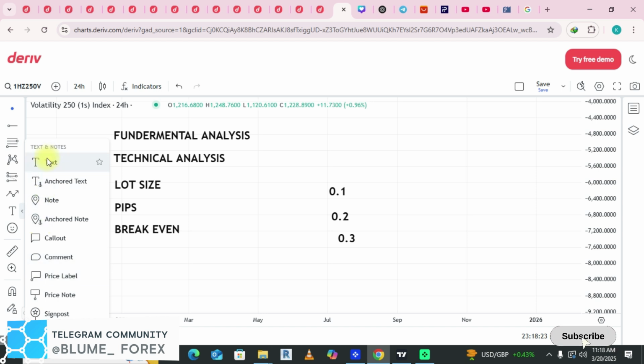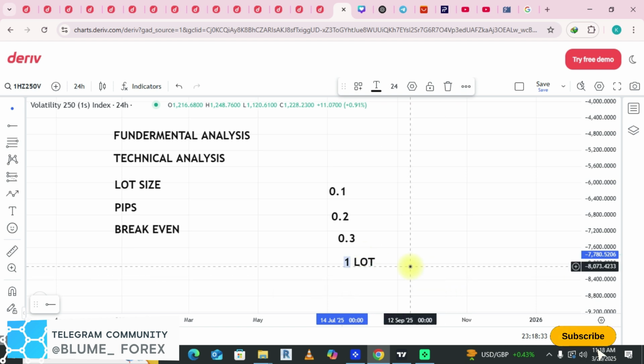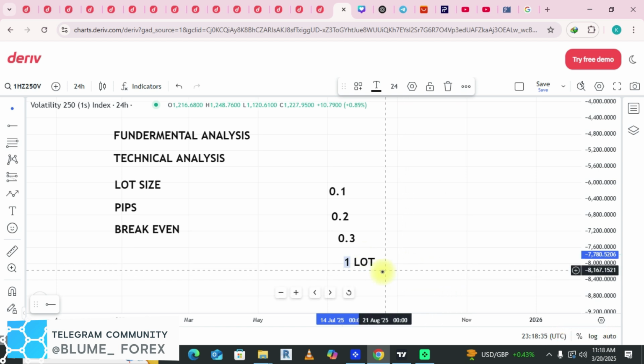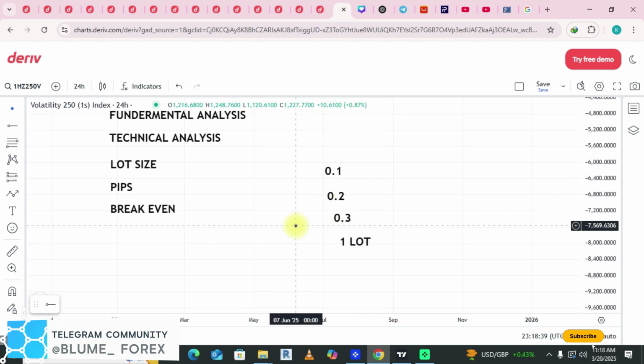We don't move to 0.10, we move to one lot. Then from one lot we move to 2 lots, 3 lots, 4 lots, 5 lots, 6 lots, 7 lots, 8 lots, 9 lots, and then we move to 10 lots. So we have a lot of lots.